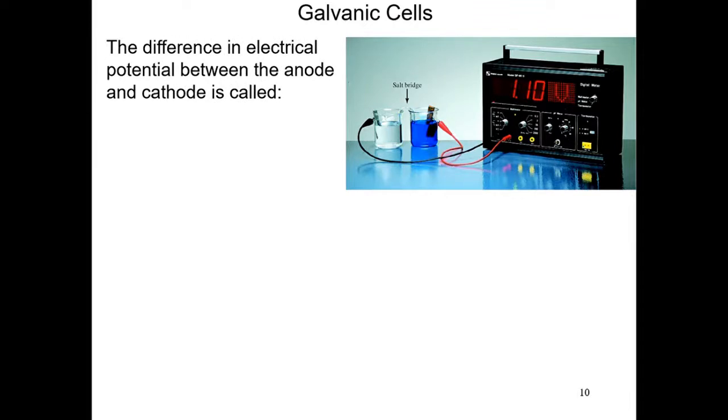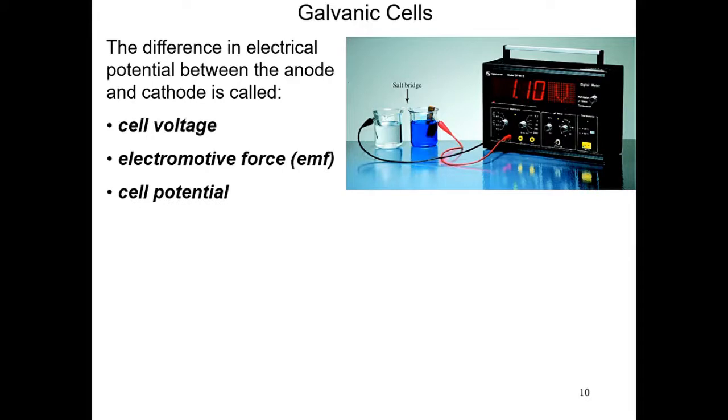The difference in the electrical potential between the anode and cathode has different names in these kinds of galvanic or voltaic cells. We can call it the cell voltage, we can call it the electromotive force or EMF, or we can simply call it the cell potential. And we will use those terms interchangeably.